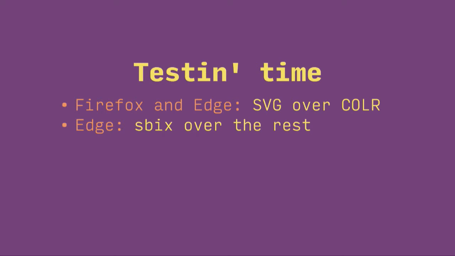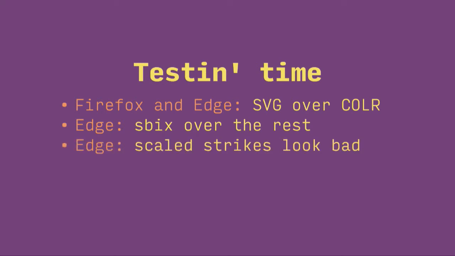But unfortunately, it does pick SBIX over the rest, and that's kind of bad because the scaled strikes look bad. Plus, it's the bitmap version. While if you had the SVG version or the color CPAL version, you would have proper vector images that would scale really nicely.